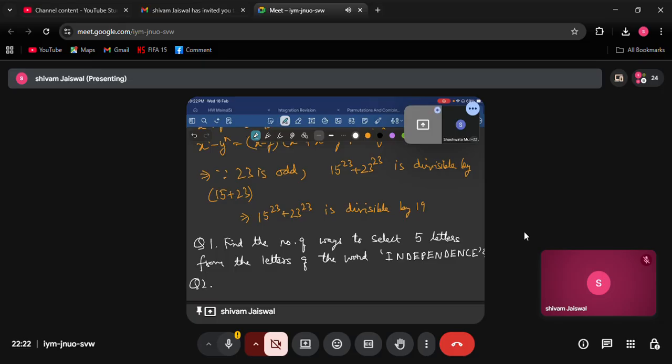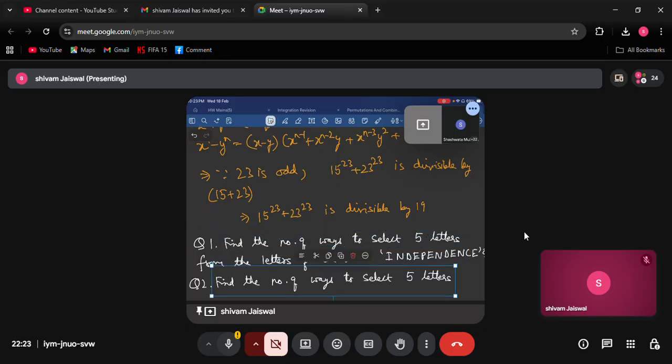Question number 2. Find the number of ways to select 5 letters from 5 A's, 4 B's, and 3 C's.